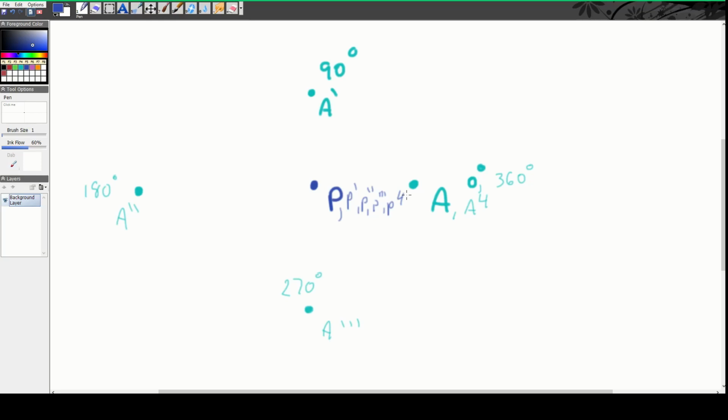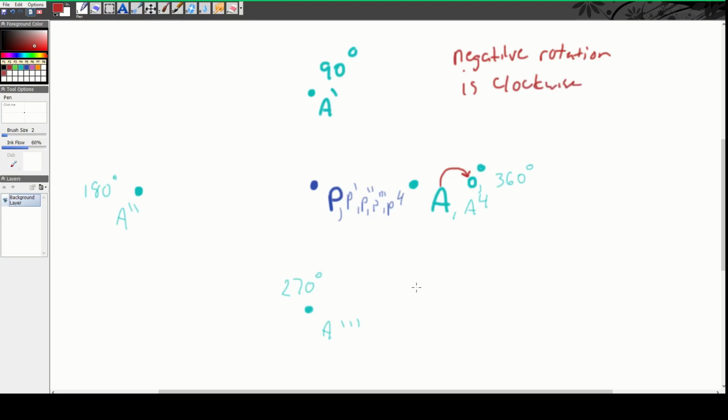Let's look at something in the negative really quick, and I'm going to use red. Let's say we associate red with negative. So we're going to stick with red. I'm going to make my brush size just a tiny bit bigger. All right. So if I started at A, which was 0 degrees, and I go negative 180. So remember, negative rotation is clockwise.